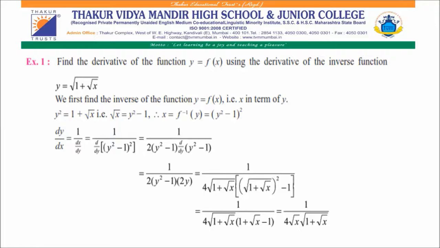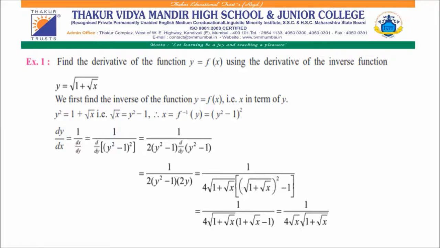So squaring on both sides, we get y square equals 1 plus root x. So we have root x equals y square minus 1. Therefore x equals the square of y square minus 1. So x equals f inverse of y equals y square minus 1 whole square.